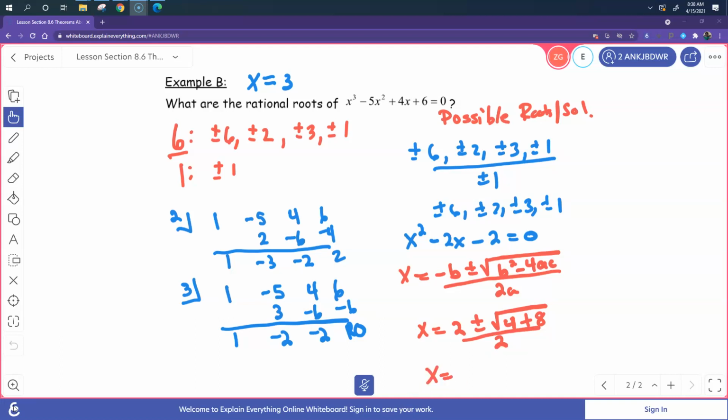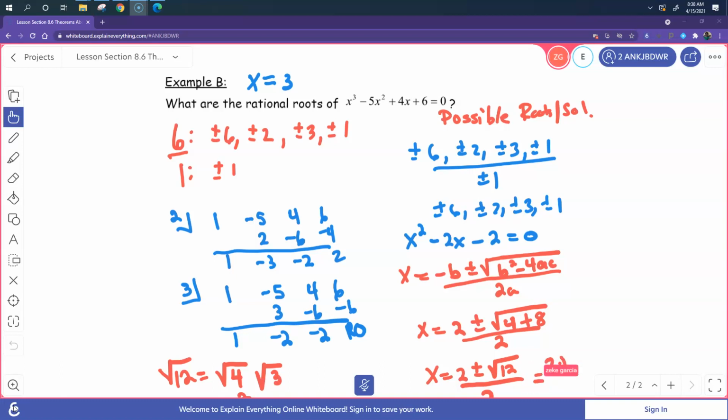So x equals 2 plus or minus the square root of 12 divided by 2. And this right here simplifies. The square root of 12 is the same thing as the square root of 4 times the square root of 3, so it's 2.